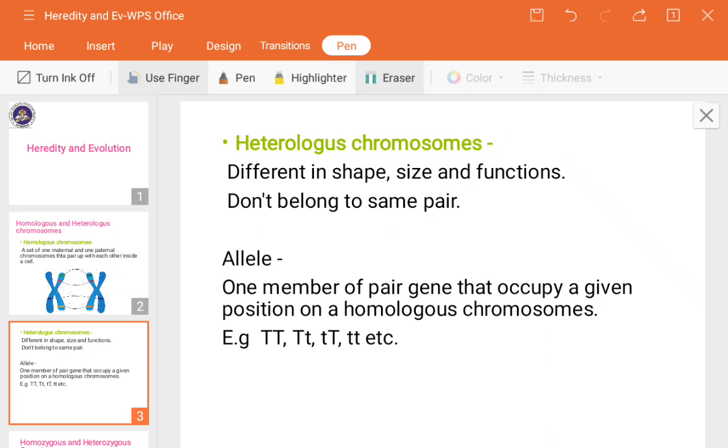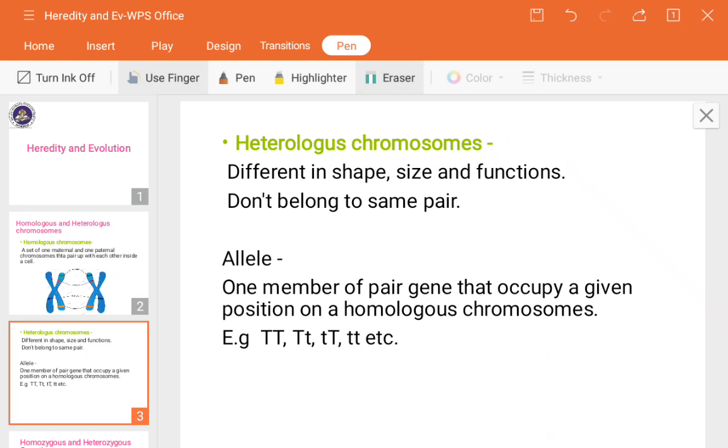So now here they have given an example like capital T, capital T, capital T, small t, small t, small t. What is the example of this? If you remember Mendel's first experiment, in the first generation he chose tall and dwarf plants and crossed them, but he observed no dwarf plant.